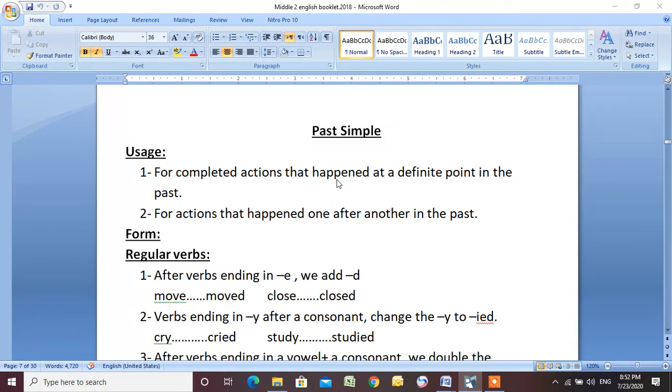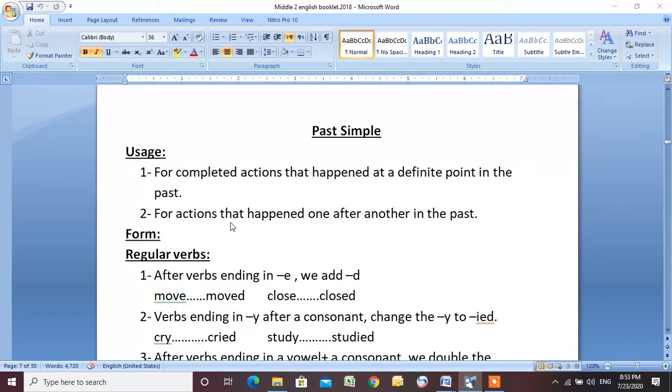So, for example, you can say, I visited Paris last year. It means that you did the action in the past, it started in the past, and it is also finished and completed in the past because it happened last year. So, we use it for completed actions that happened at a definite point in the past.